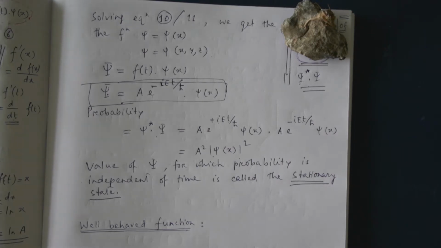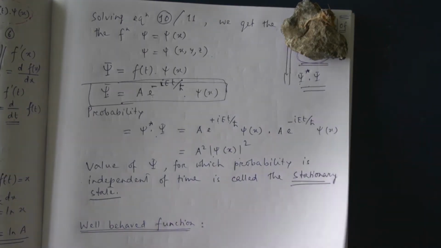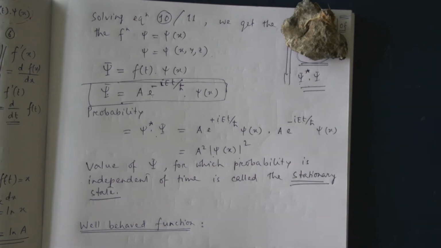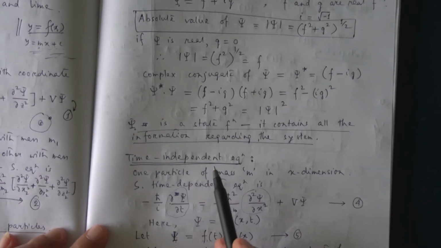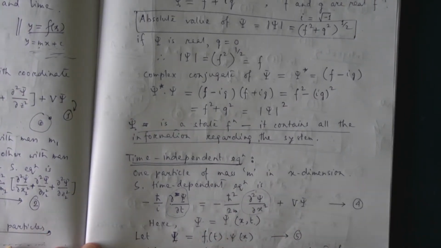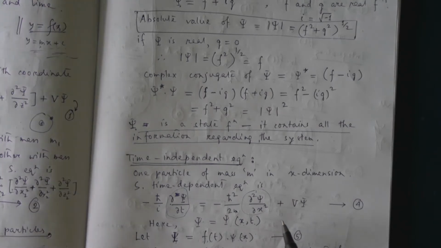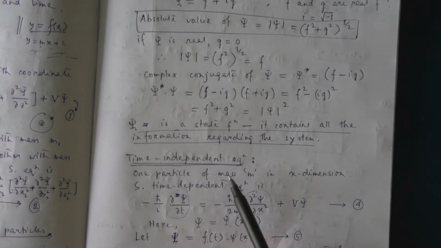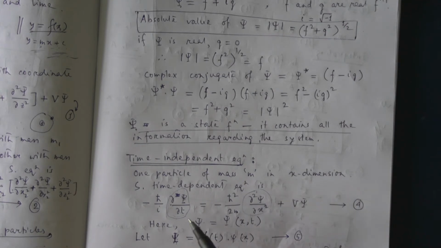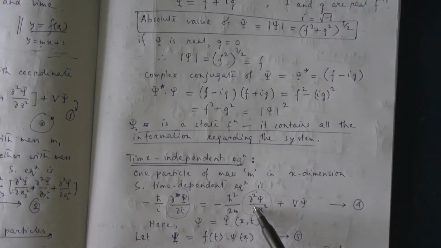Now, we have seen that from the time dependent equation, we may get the time independent equation. What we actually do is this: in the time dependent equation in x dimension, we have two variables, x and t.